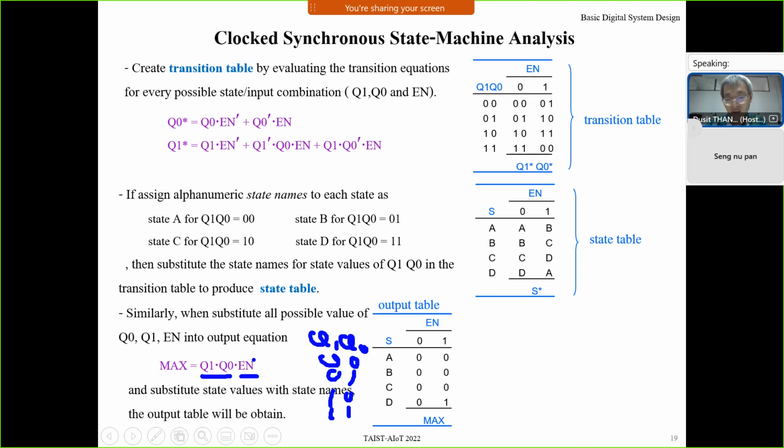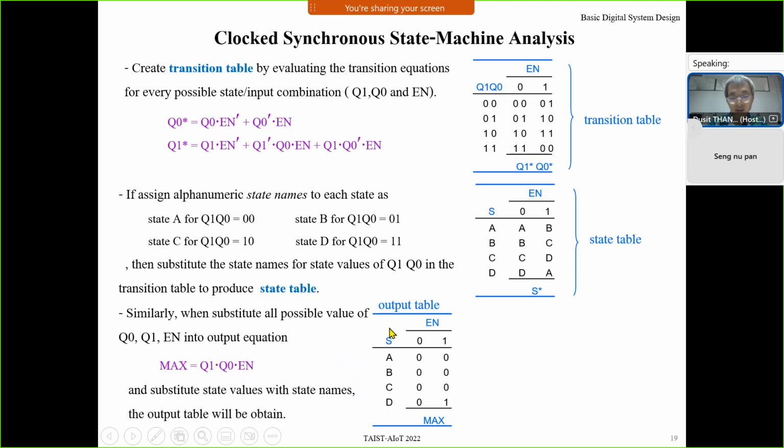When it's in state 1, 1, and input En is 1. That means in state 1, 1, in this case state D, and when input is 1, output is 1. For all other cases, the output is 0. Okay, that's all.